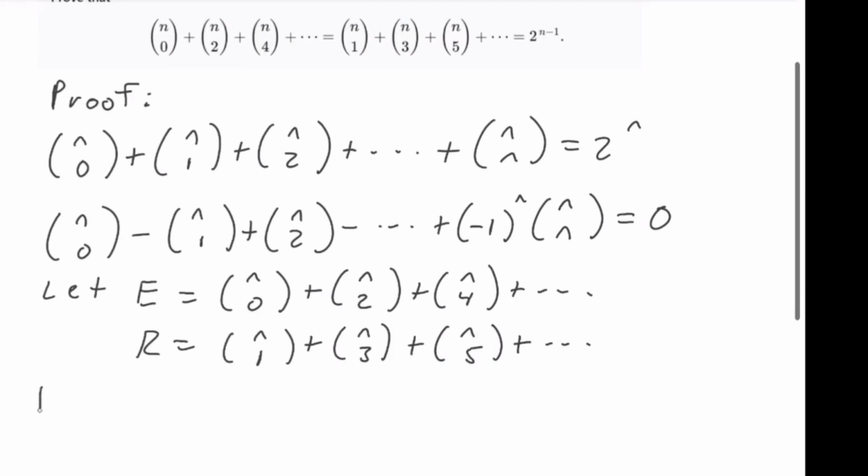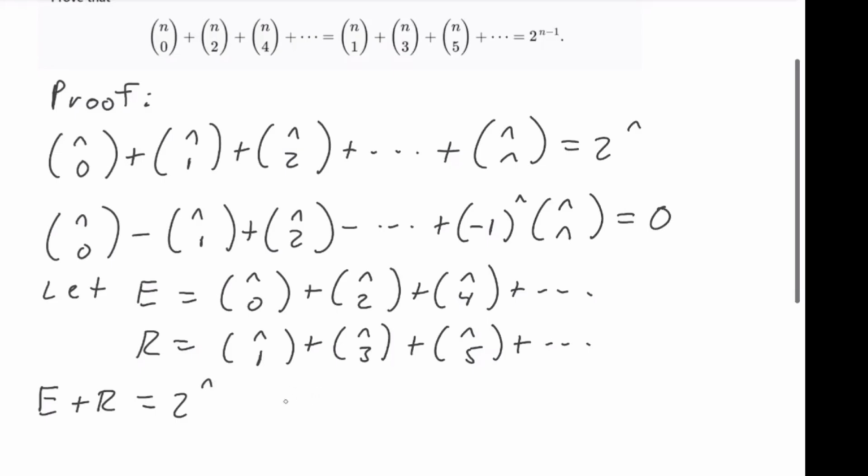Now looking at this, let's look at e plus r. So e plus r is n choose 0 plus n choose 1 plus n choose 2 plus n choose 3 all the way to n choose n. So e plus r is this right here, this first equality we have, which is 2 to the n.